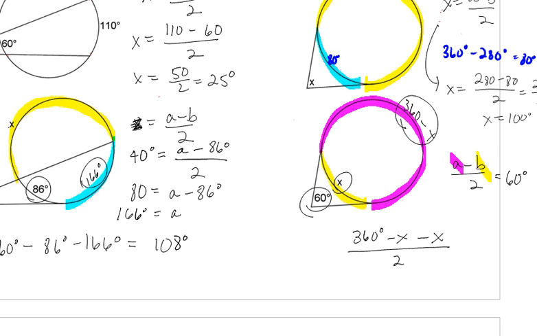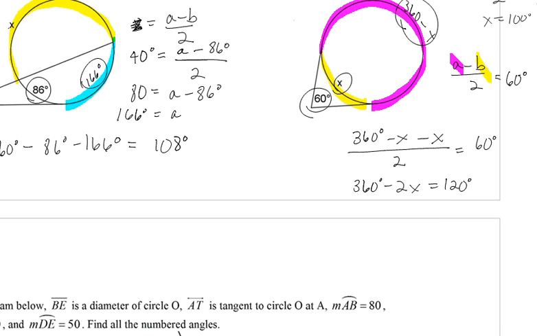I'll divide by 2, equal that to 60 degrees. That gives me 360 minus 2x equals 120. We'll bring the 2x over so it's positive. Subtract the 120, we get 240. Divide by 2, x equals 120 degrees. That's the end of this video.